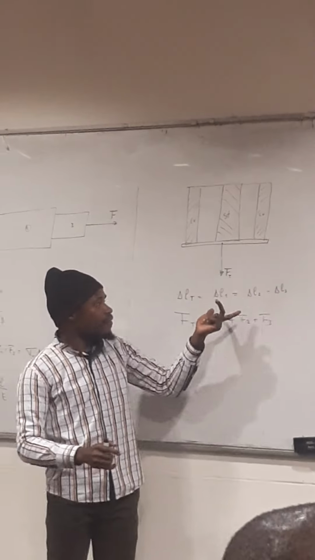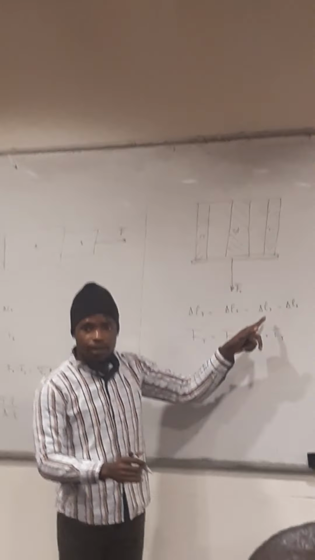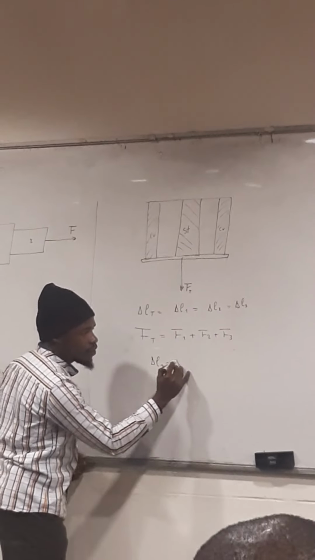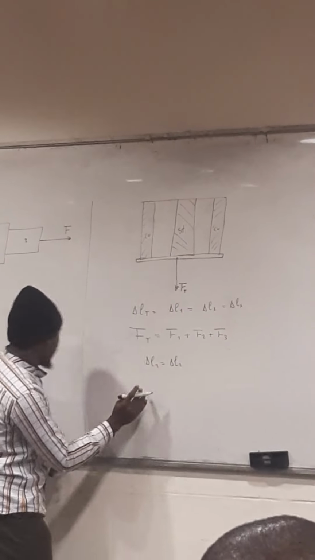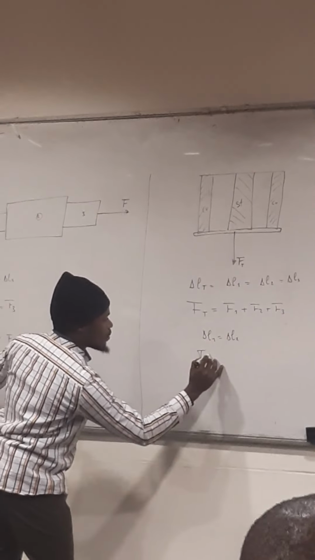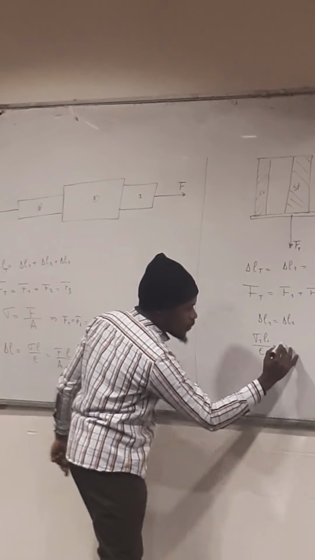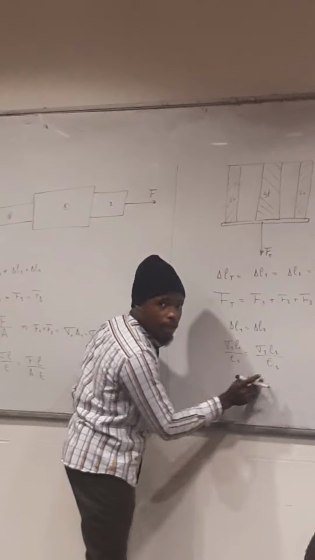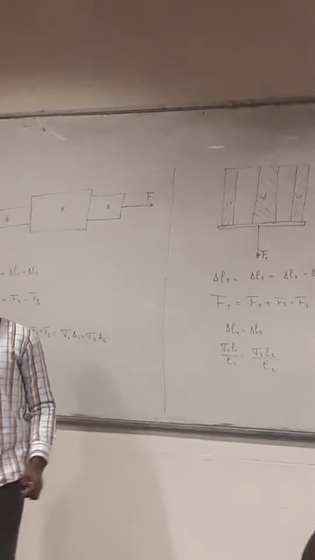Now here, if I say that the lengths are the same, meaning change in length 1 equals change in length 2, I come on my change in length formula: stress 1 times L1 over E1 equals stress 2 times L2 over E2. It is on this that I will get the relation of the two stresses.